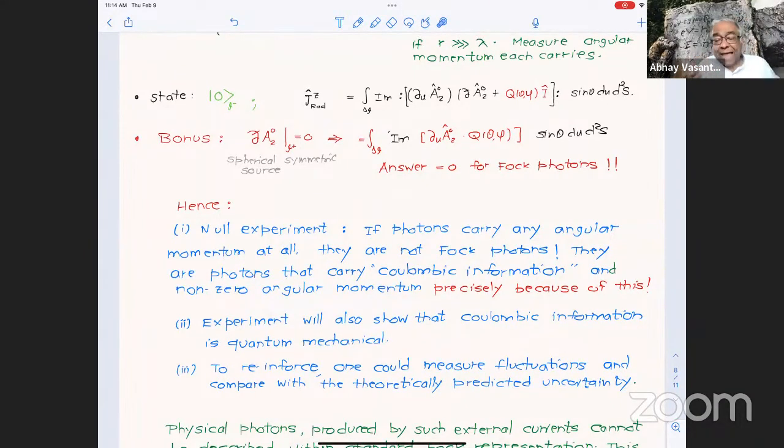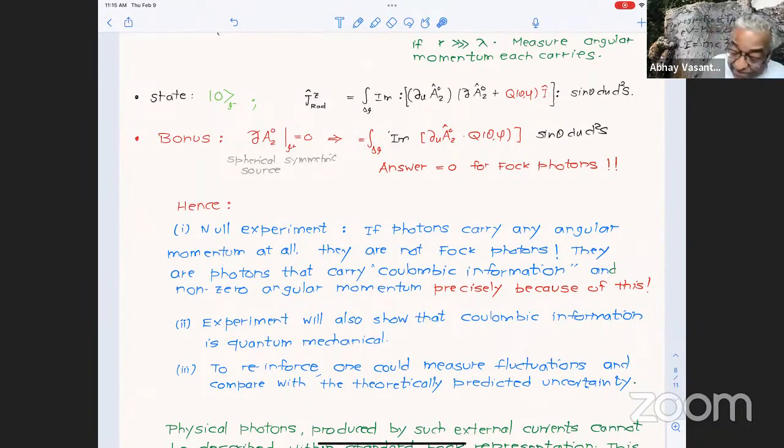Because the photons carry Coulombic information, because photons are endowed with this Coulombic information, the angular momentum is not equal to zero. The same thing was true in classical theory, but now this is important because the photons had to have finite one-particle norm, and that is why we got this non-Fock representation, etc.